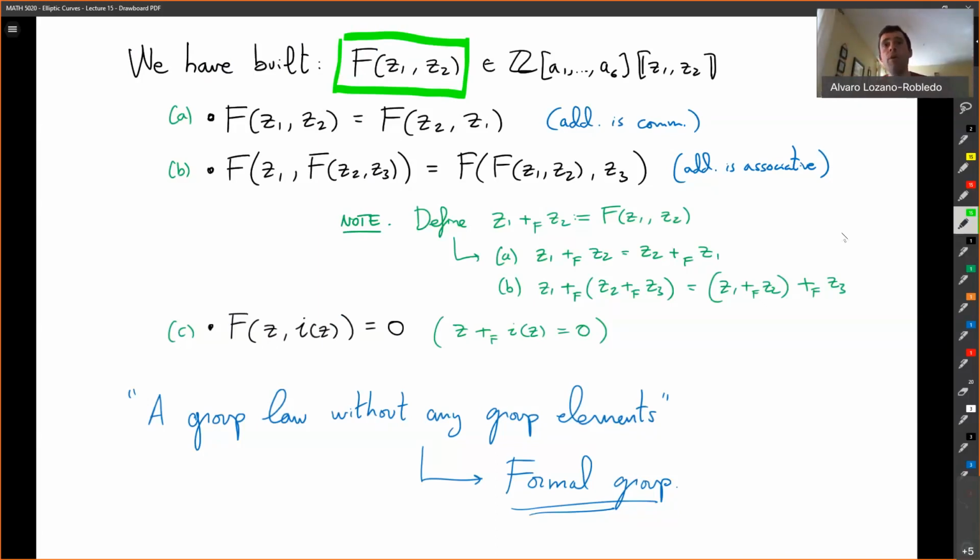Once you throw some points to it, then I'm going to create a group, which is the group of points on an elliptic curve over Q_p, for example, and then deduce properties of the elliptic curve over Q_p out of the general theory of formal groups.